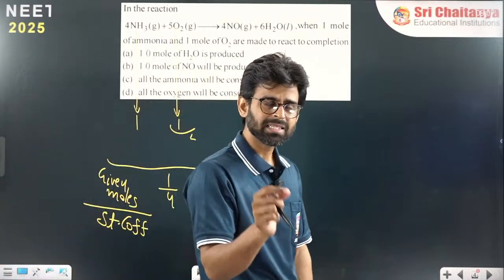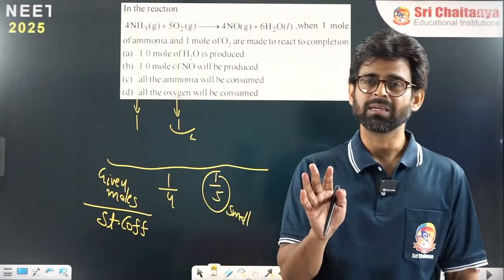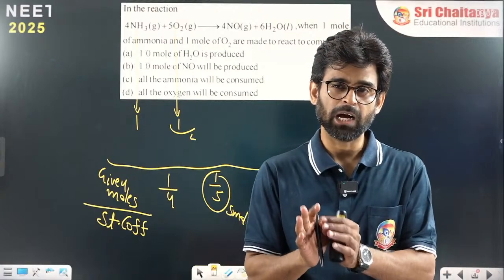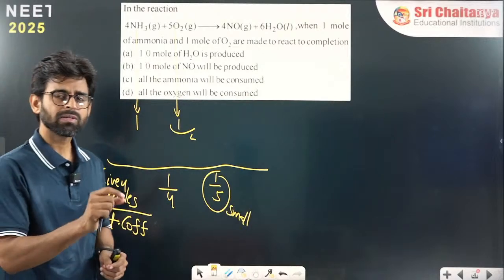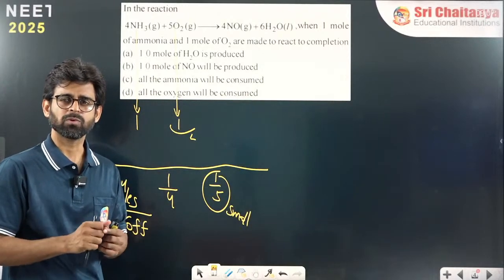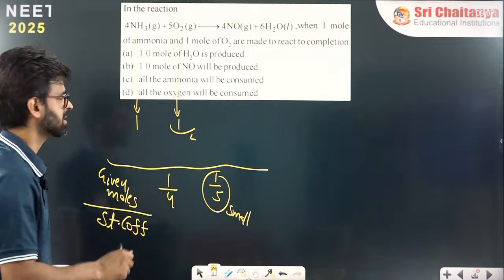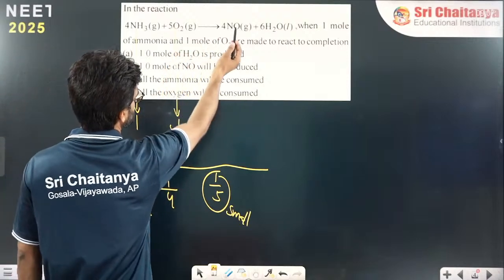Now, we have found the limiting reactant. The limiting reactant will decide how many moles of product will form. Be clear: always the limiting reactant decides how many moles of product will form, not the excess reagent, right? 5 moles make how many? 4.